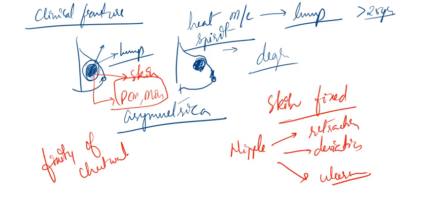Now for example, what is meant by retracting? See, I don't have pictures, but I will try to show it as simply as I can. See, this is a normal breast.